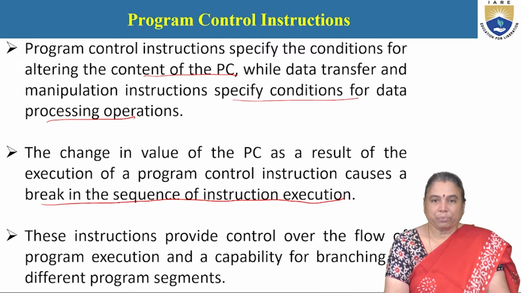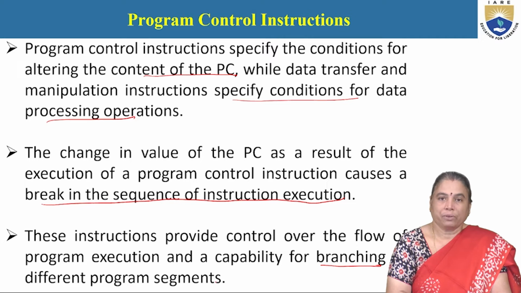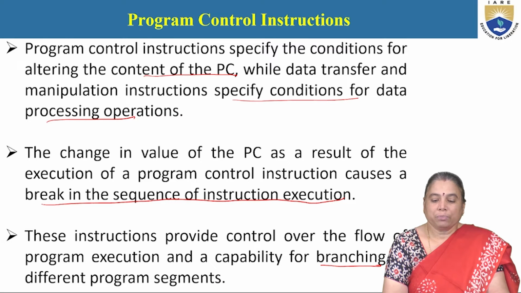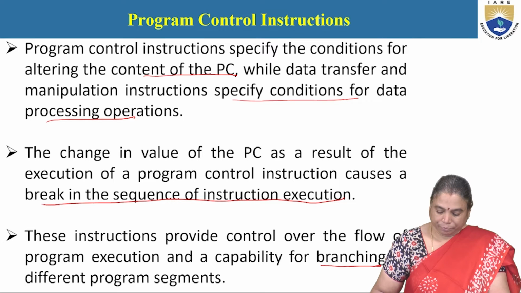These instructions provide control over the flow of program execution and the capability for branching to different program segments. With the help of these mnemonics available under program control instructions, the user can easily switch from one segment of the program to another segment of the program.